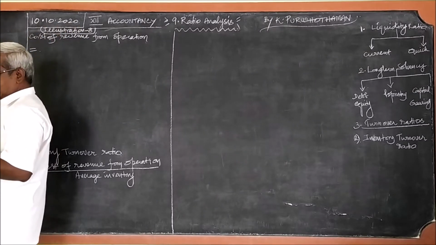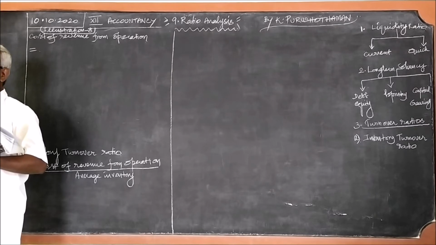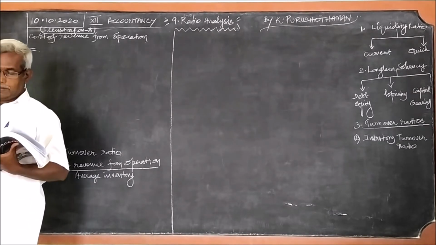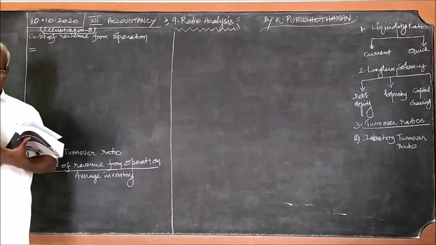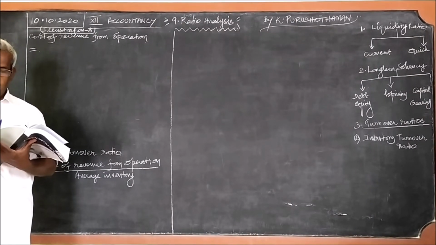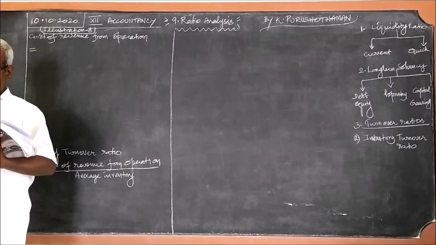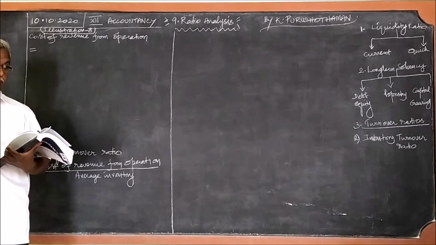What is given in illustration number 8? The particulars given are revenue from operations, inventory at the beginning of the year, inventory at the end of the year, purchases made during the year, carriage inwards. These are the 5 items given.